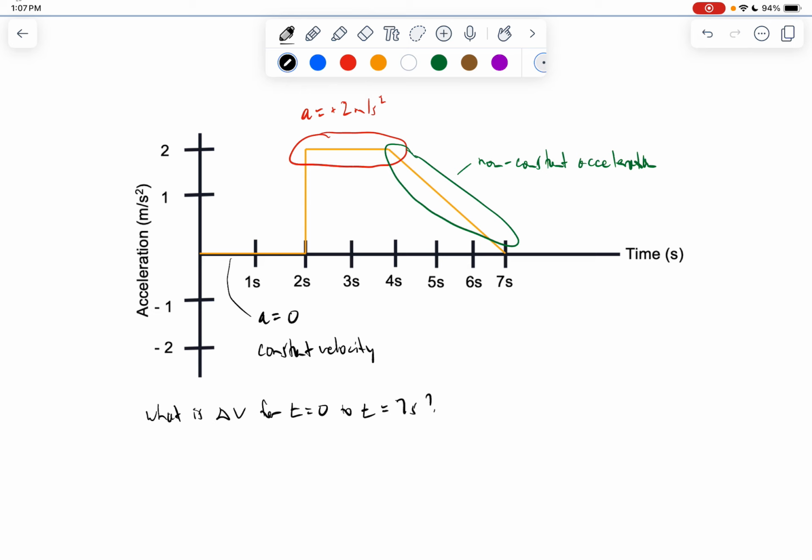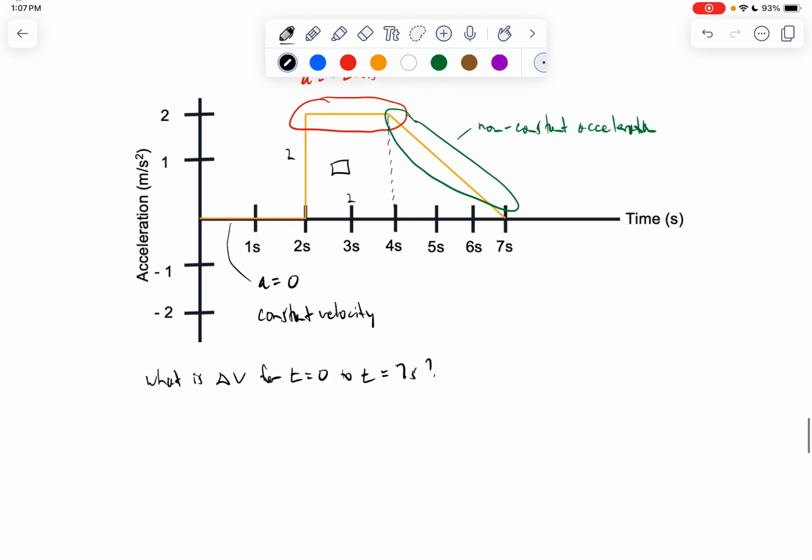So we have no area from 0 up to 2 seconds. From 2 seconds up to 4 seconds, we have a region that we can split into a rectangle. This actually works out to be a square, so we have a base of 2 and a height of 2. Length times width gives us an area of 4.